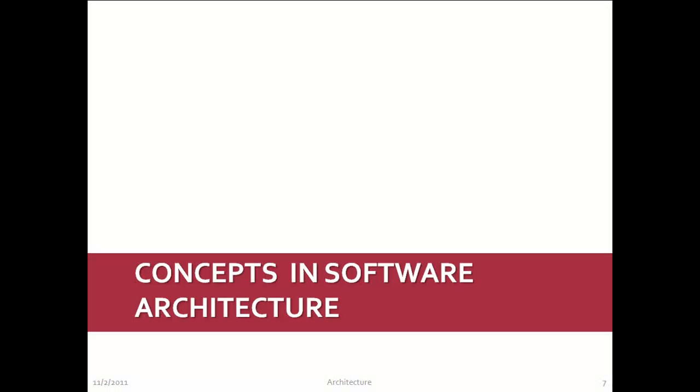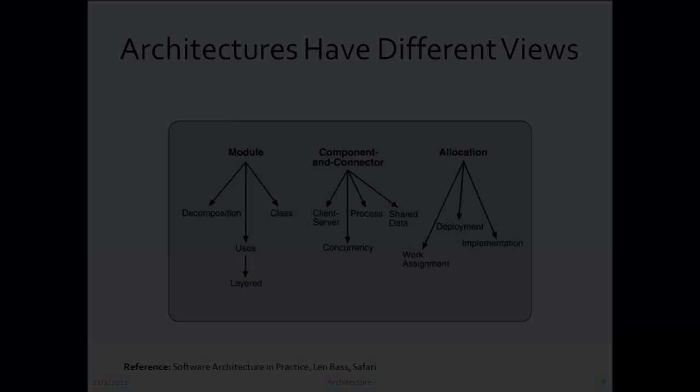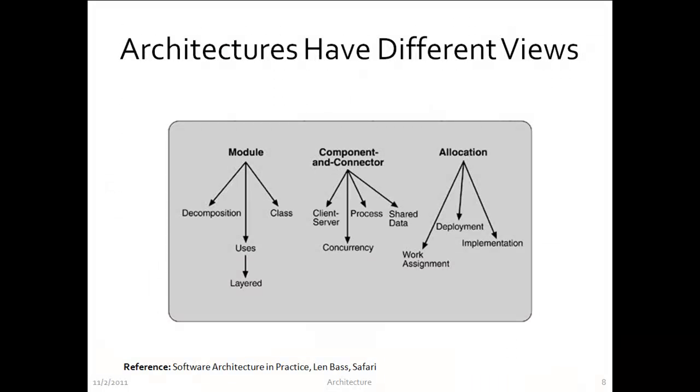Next, we cover some concepts in software architecture. Architectures of large systems are so complex that they need to be described using multiple views. In other words, you can't just give one explanation or one description of an architecture with, say, one picture and expect people to understand it. Each view might focus on some aspect of the system and be of relevance to a particular set of stakeholders.